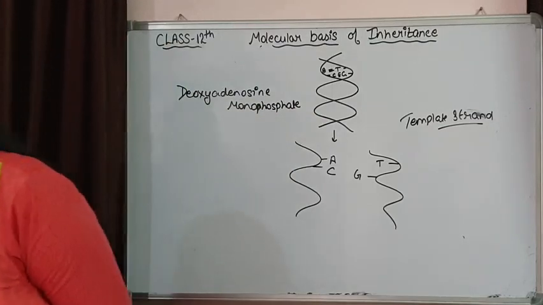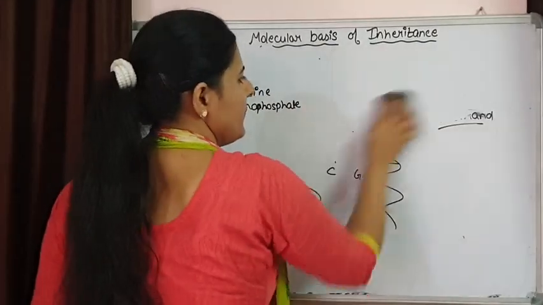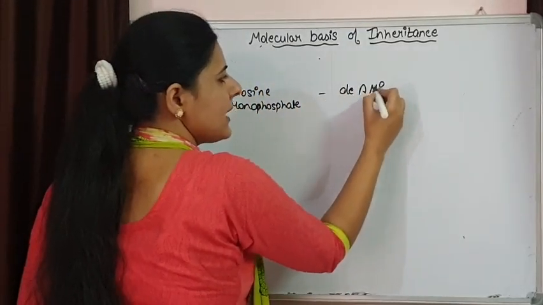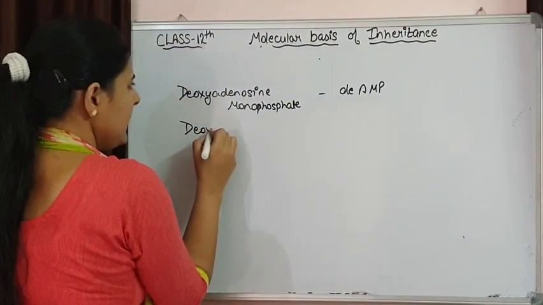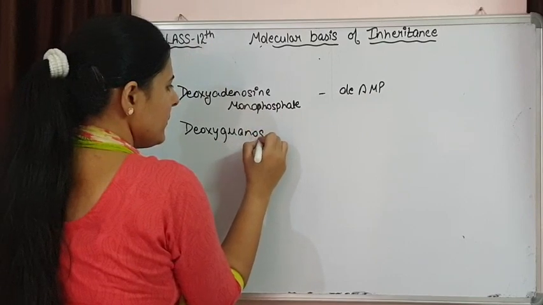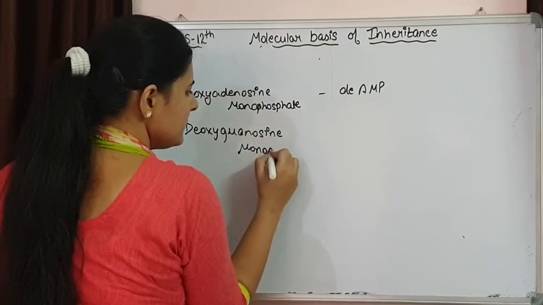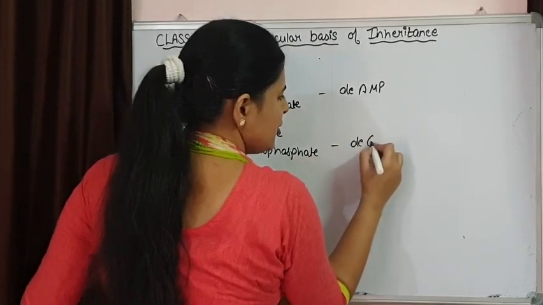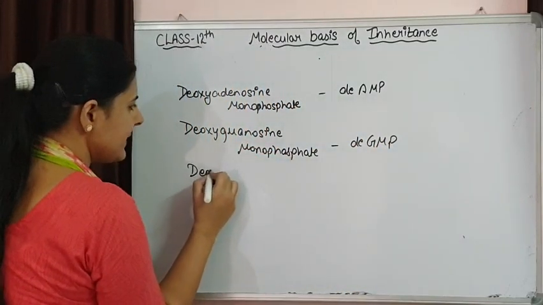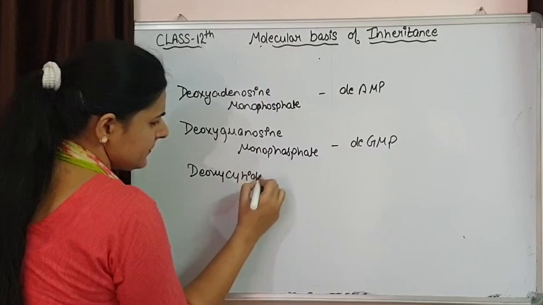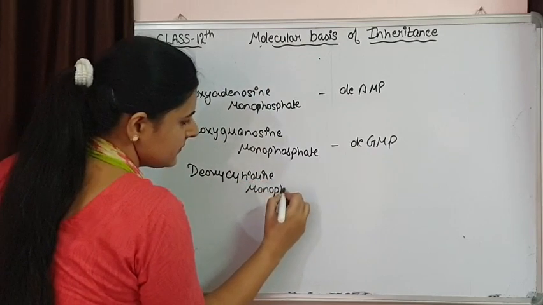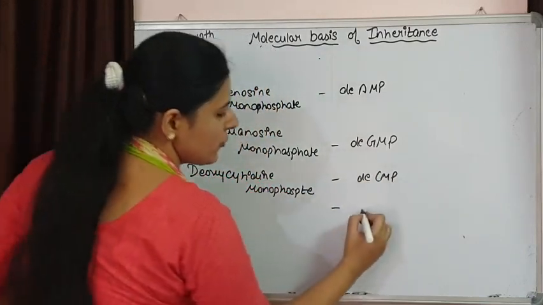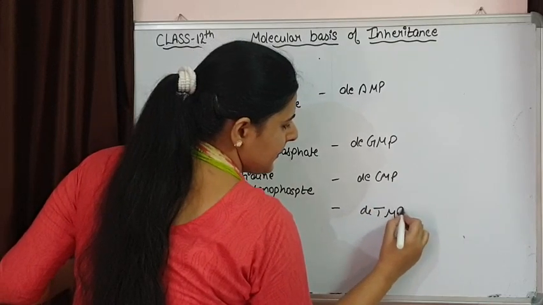All four nitrogenous bases are present in this form: deoxyadenosine monophosphate, deoxyguanosine monophosphate, GMP, same way deoxycytidine monophosphate, and deoxythymidine monophosphate, TMP.